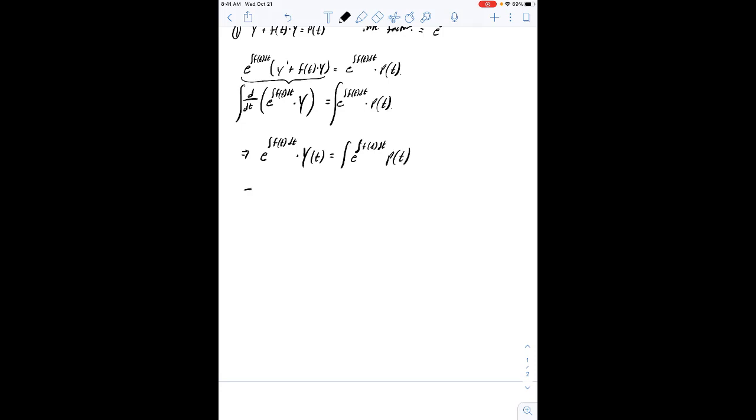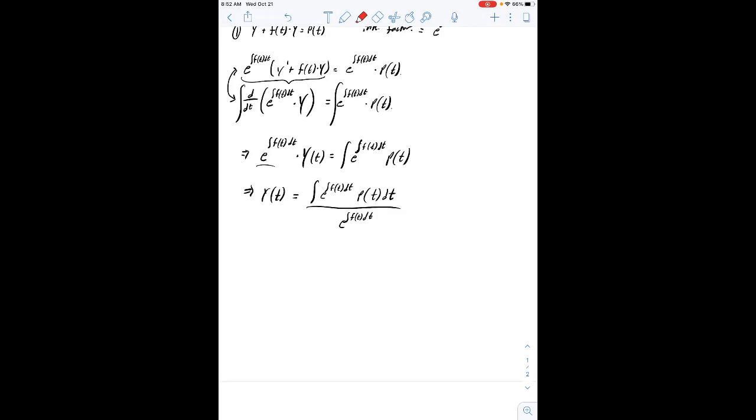And then to solve for y of t, all we have to do is divide by this term right here. Cool. And then this is our solved differential equation.